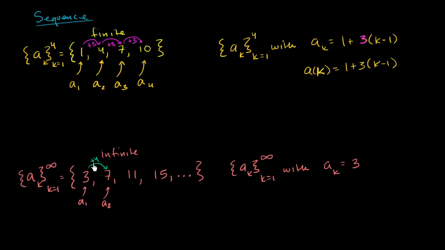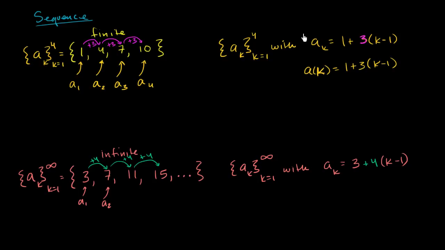For the second term, we added 4 once. For the third term, we add 4 twice. For the fourth term, we add 4 3 times. So we're adding 4 one less than the term that we're at. So it's going to be plus 4 times k minus 1. So this is another way of defining this infinite sequence.